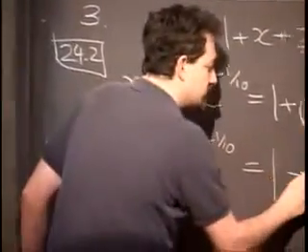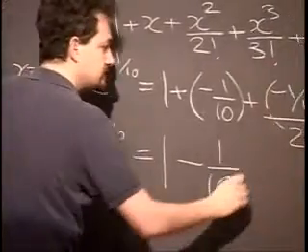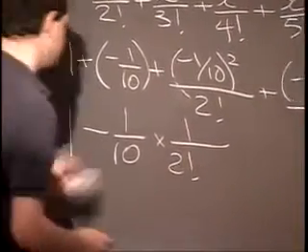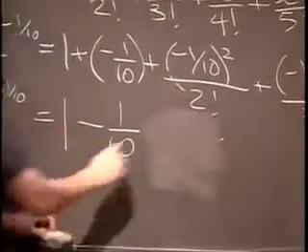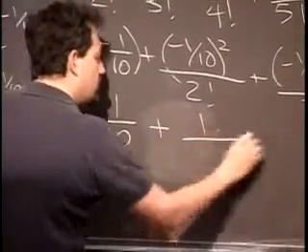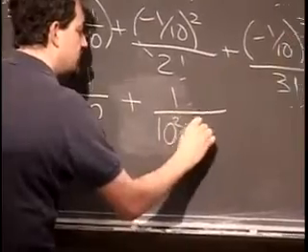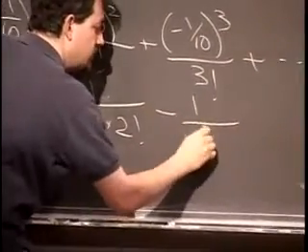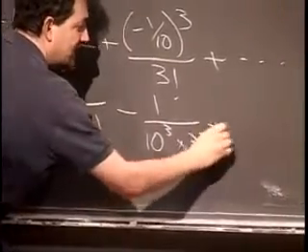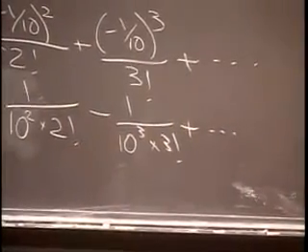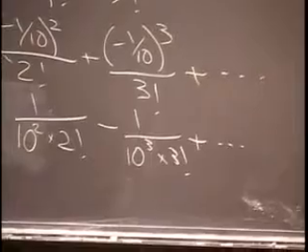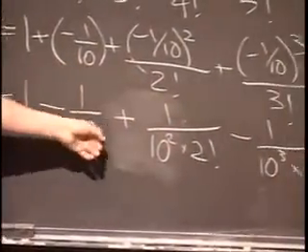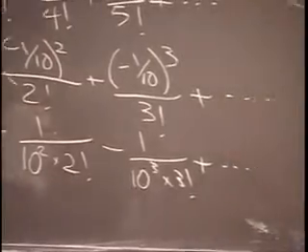It becomes alternating. 1 minus a tenth plus 1 over 10 squared times 2 factorial minus 1 over 10 cubed times 3 factorial, and so on. So it's alternating, as it turns out, and the powers of 10 march upwards and the factorials march upwards, and you get the pattern.